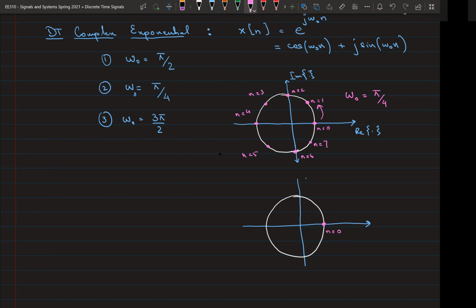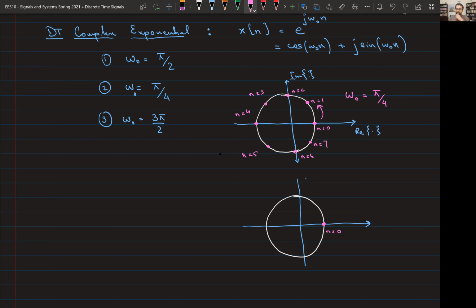Now what about n equals 1? Roshin? Yeah, minus here. Roshin, what do you think? When omega naught equals 3 pi by 2, where do you think the point is going to be when n equals 1? You want to traverse an angle of 3 pi by 2 radians, which is 270 degrees, or actually minus 90 degrees.